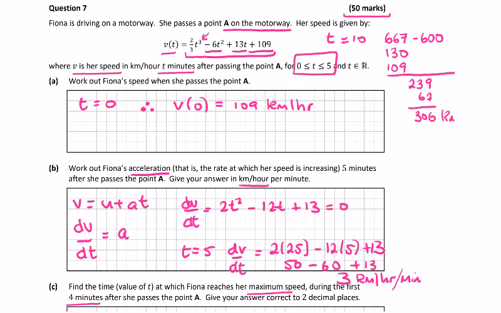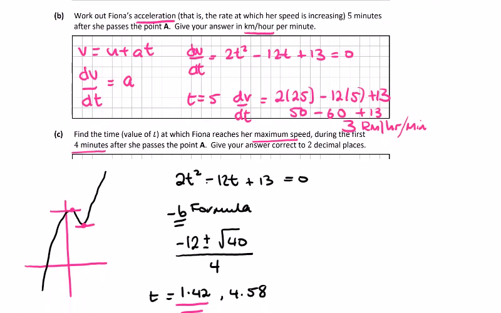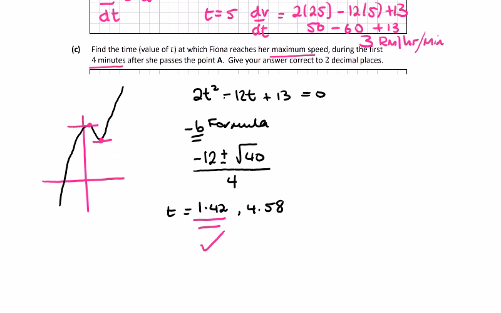Now she's not going to be going 306 kilometers an hour, so I just did a couple of these things at the start, but that's what it would be up here in the graph, which is why they're limiting the range of this graph between two values, 0 and 5. So if the turning point's at 4.58, this graph is kind of stopping at that point there at 5. So we're only looking at a section of it between 0 and 5.